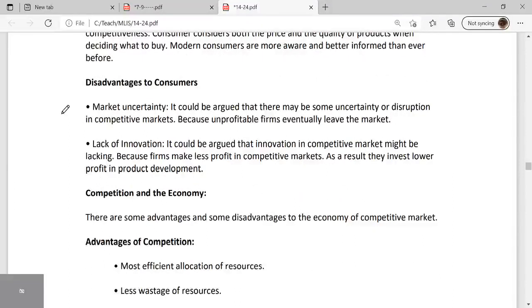This is because these firms are earning a very low amount of profit, so this will lead to a very small amount of funds, which might be insufficient for expensive research and development. Even if the firms want to go for innovation, they will fail to afford it.